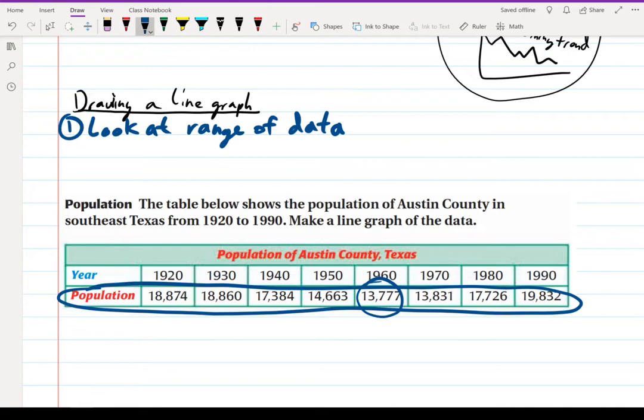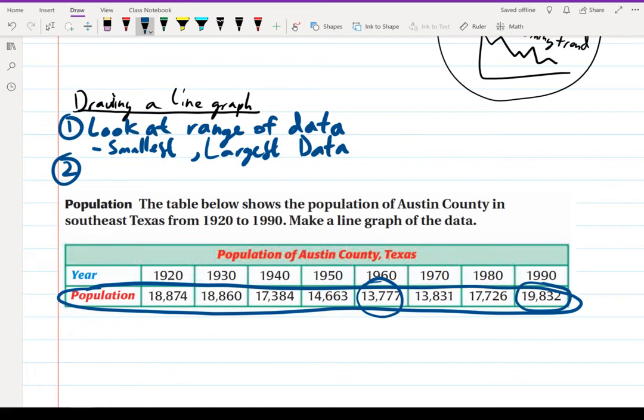And then we look at the biggest one. Look for smallest data and also largest data. The biggest one is 19,832. So that is my range of data. That is how much I have to go. Well, the range.